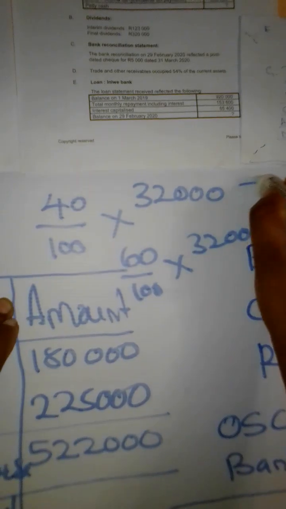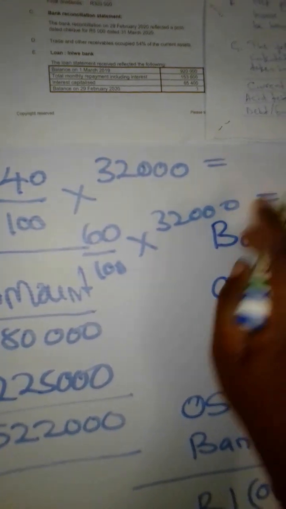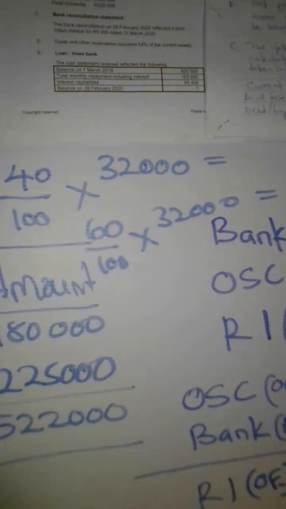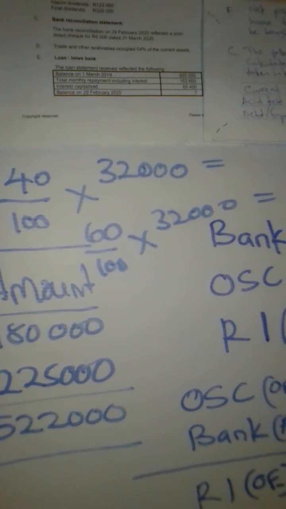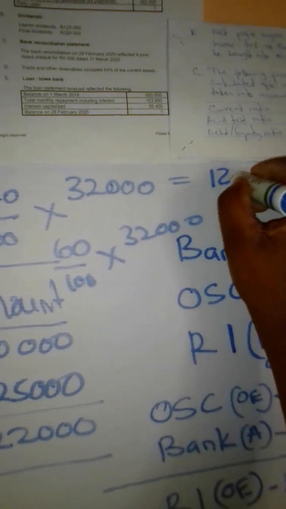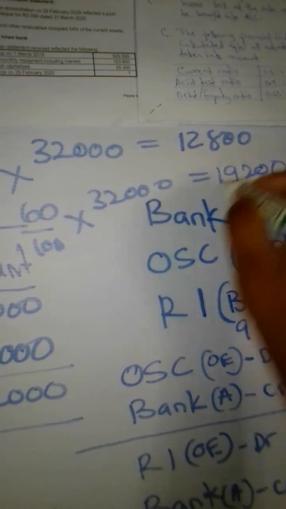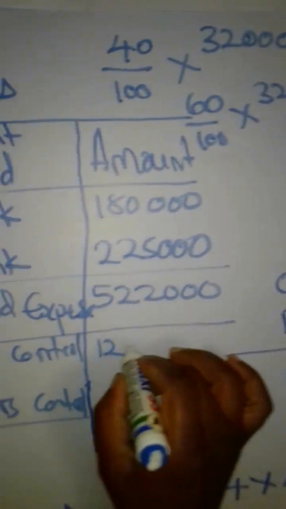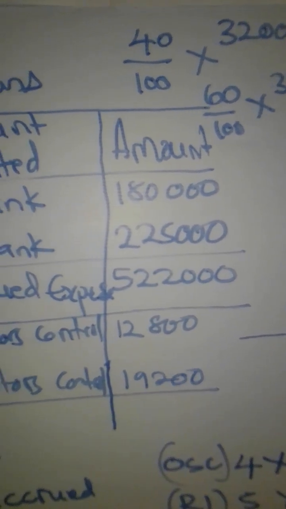This is how you get your amounts. The first amount is for the money that is being recovered, and the last one is for the money being written off as bad debt. From my calculator, the amounts become 12,800 and then 19,200. So you record 12,800 and then 19,200.